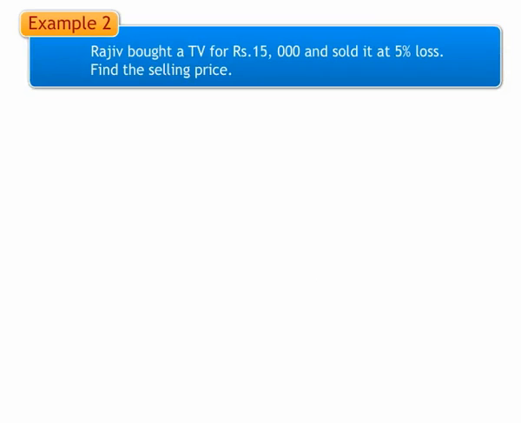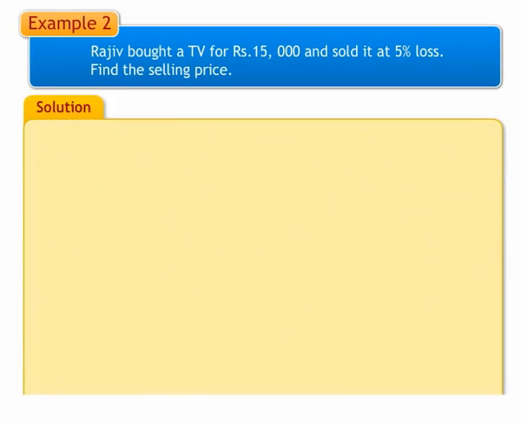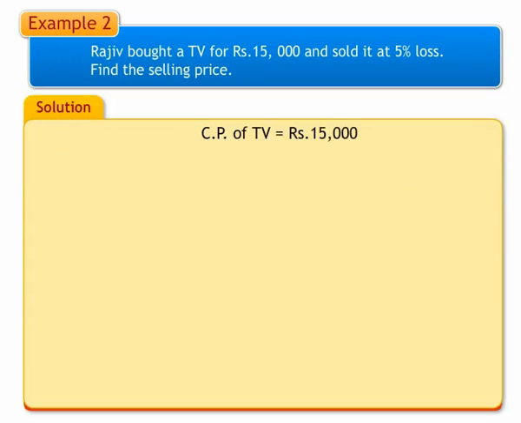Example 2. Rajiv bought a TV for rupees 15,000 and sold it at 5% loss. Find the selling price. Solution. Cost price of TV is rupees 15,000. Loss percent is 5.